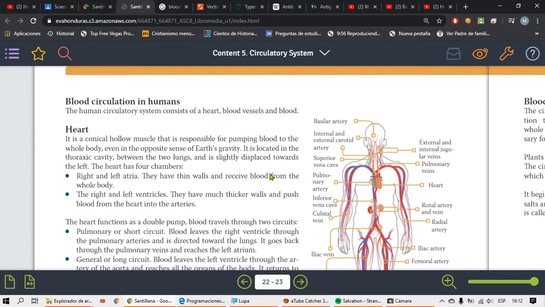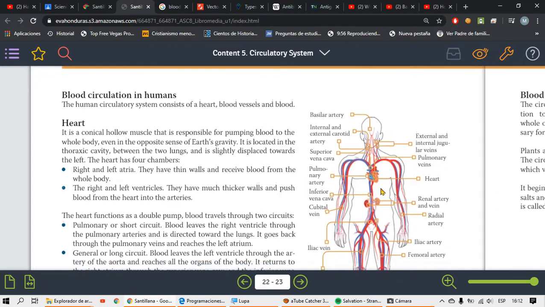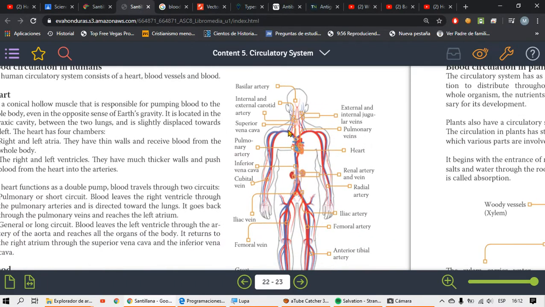Three important parts that give us the opportunity to carry materials through all our body. Materials like nutrients that we can get from food, oxygen that we can get from air, water that we extract by drinking water, and many other important things that are the basic structure of our body.